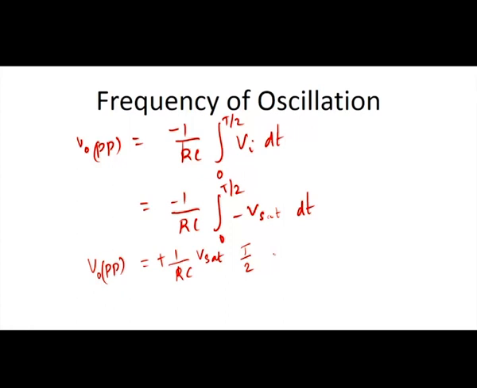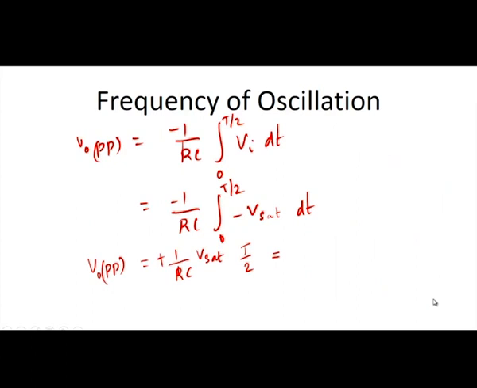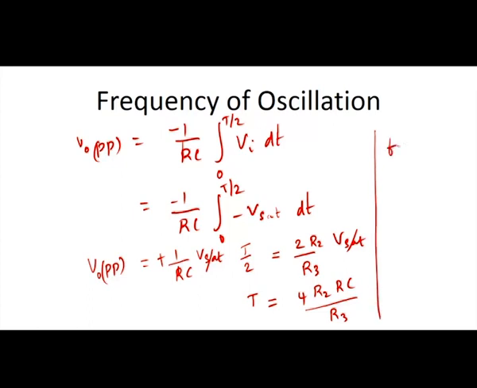We have already derived this V out peak to peak as 2 R2 by R3 V saturation. From this, if you calculate the time period, it is 4 R2 RC divided by R3, and for frequency of oscillation f is equal to 1 by T, it will be R3 by 4 R2 RC.